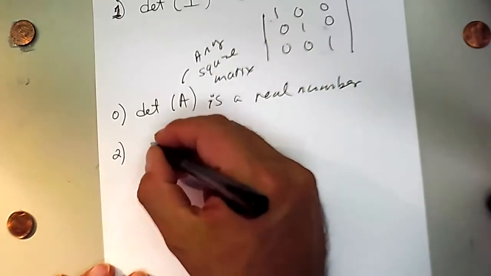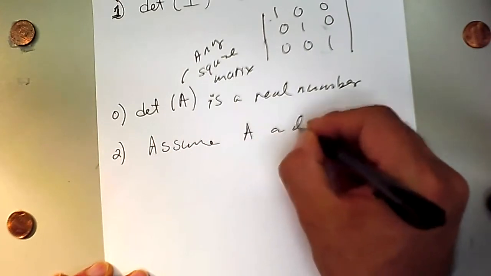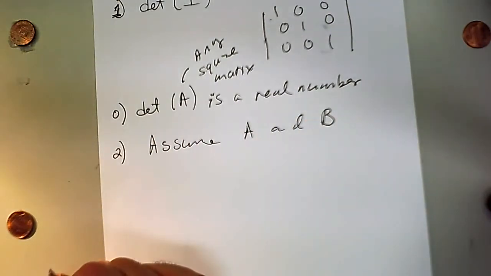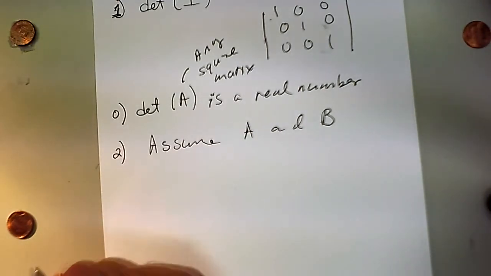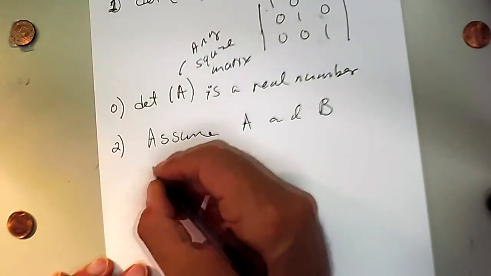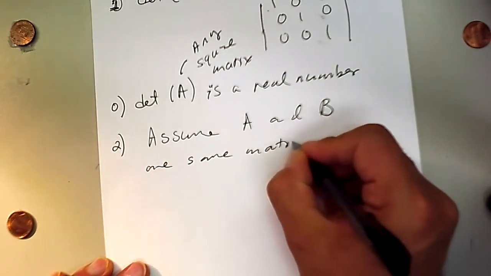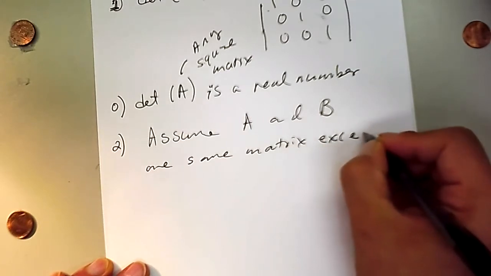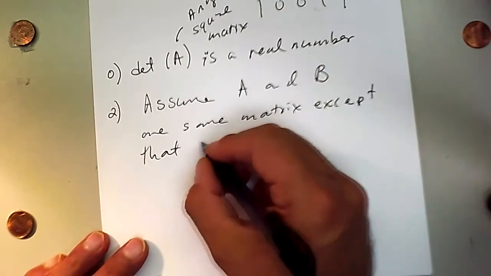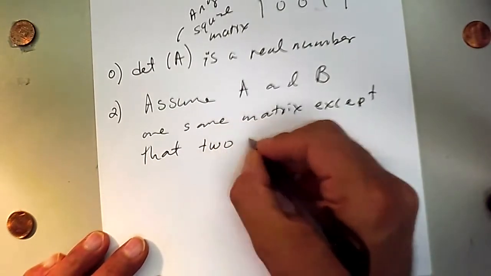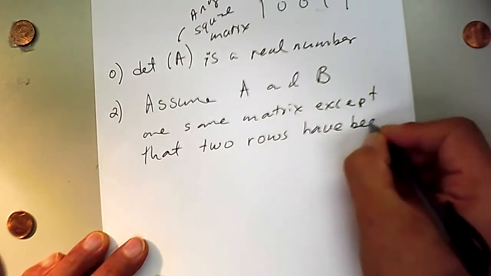So assume A and B are the same matrix, except that 2 rows have been swapped.